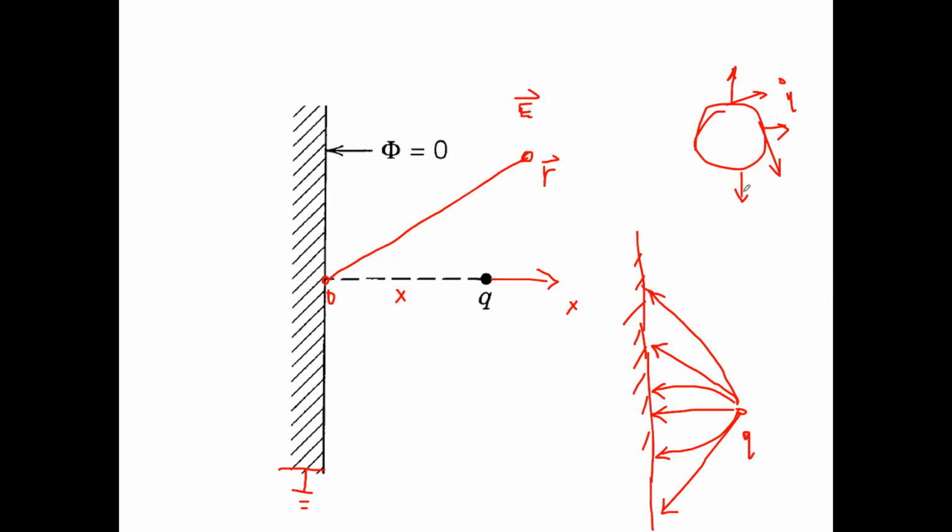Does that make sense? Because if it's not, it will induce some charges. And those charges will move to some places, and then finally, when it's in equilibrium state, it makes sure no charges are moving, means all the field lines on the surface of the conductor are perpendicular to the surface.